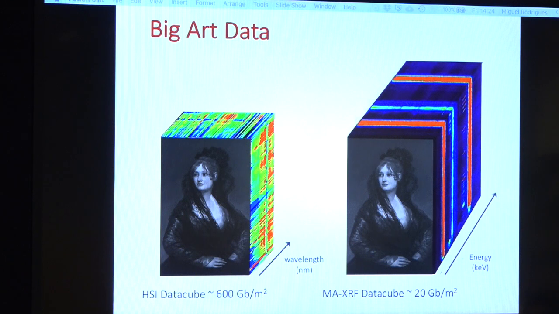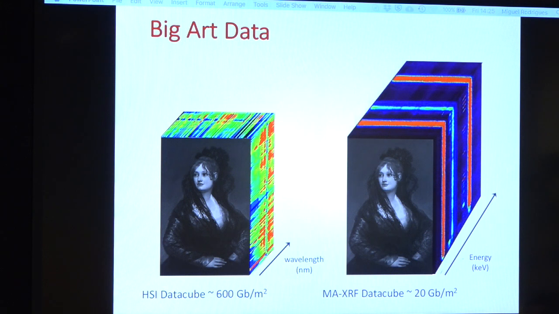Right. Now, what we are observing nowadays is that with the advent of many of these image acquisition technologies, and in particular, hyperspectral imaging and X-ray fluorescence, we have access to huge amounts of data. So, for example, a hyperspectral data cube contains approximately 600 gigabytes per square meter of painting area, whereas an XRF data cube contains about 20 gigabytes or so per square meter.